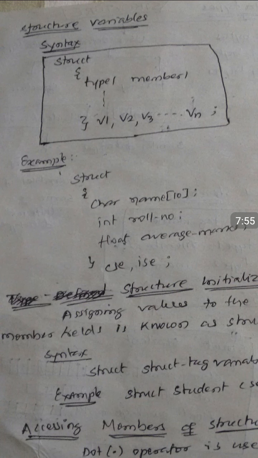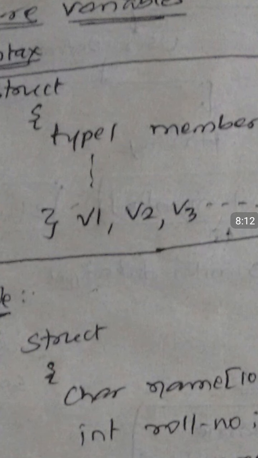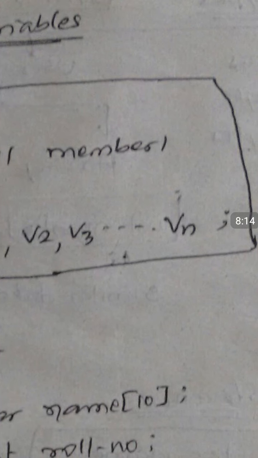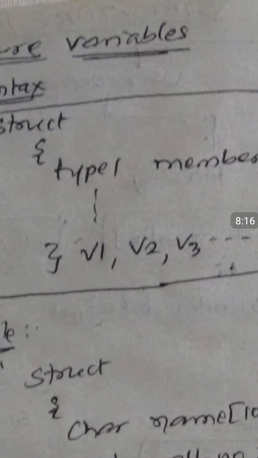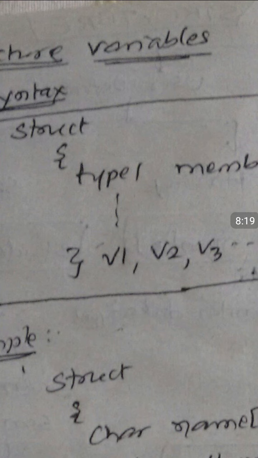One more thing is how these structure variables are defined. An example is struct followed by the type and its members, and so on. It is followed by the variable names v1, v2, v3, and so on up to vn. So v1 is a variable belonging to the structure type.